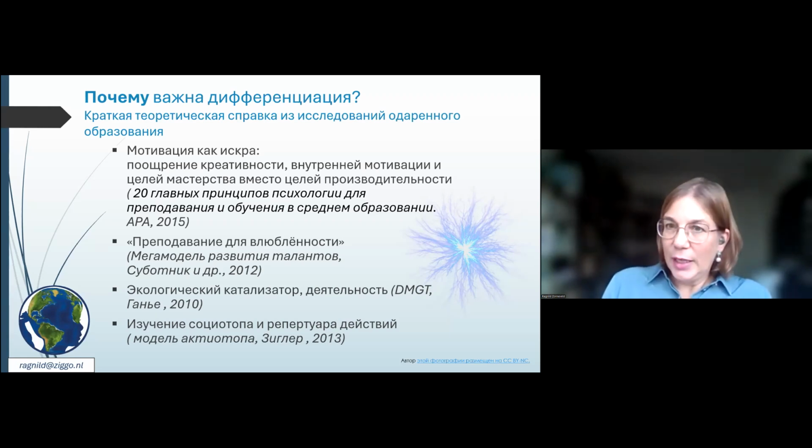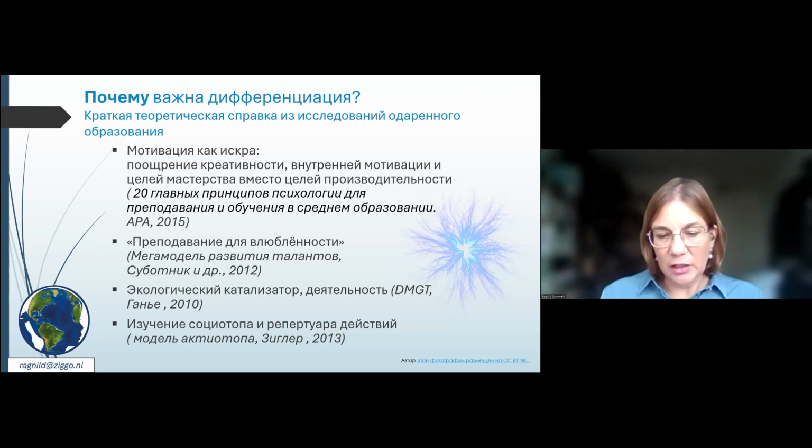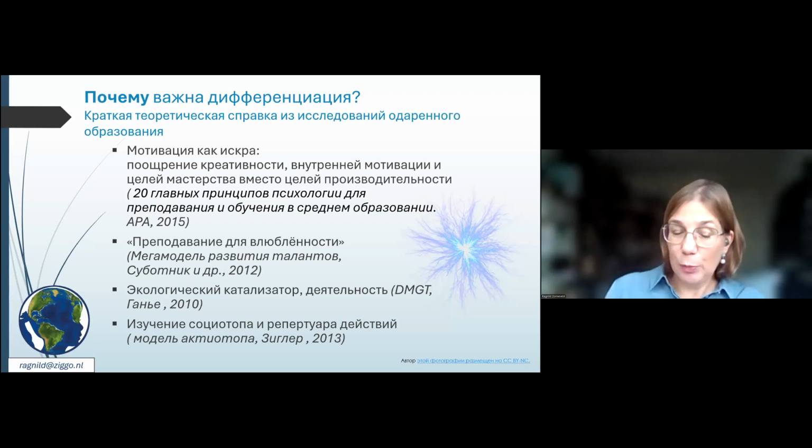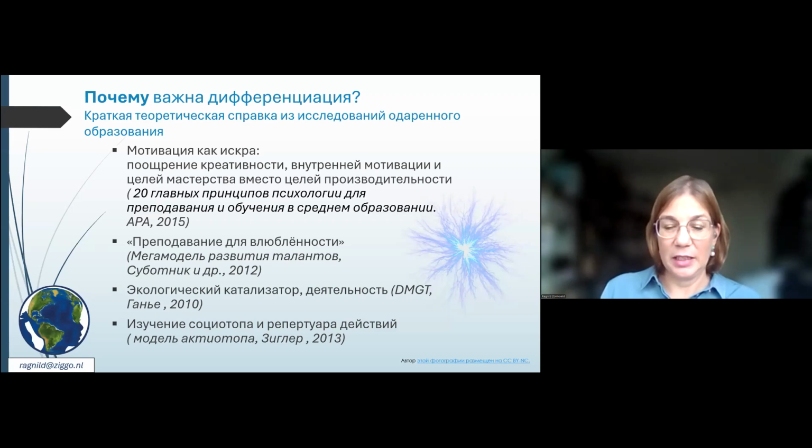And in this integrated model, they state that talent development relies on the competence of teachers and mentors. So there's a very important role for teachers and mentors in education. They say that it's very important that teachers and mentors are able to differentiate in goals and in learning strategies, and that they spark the curiosity of students in this way.